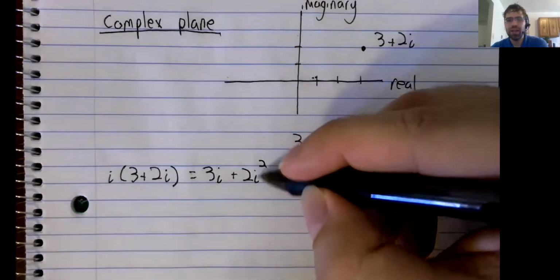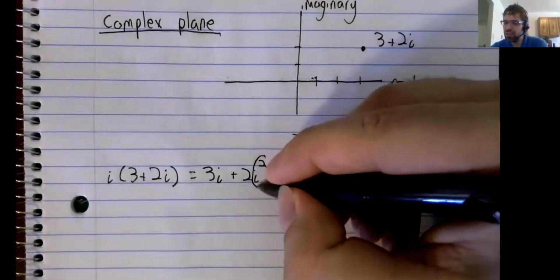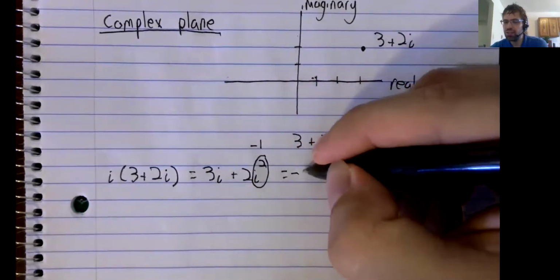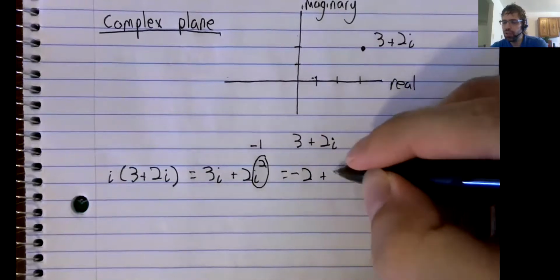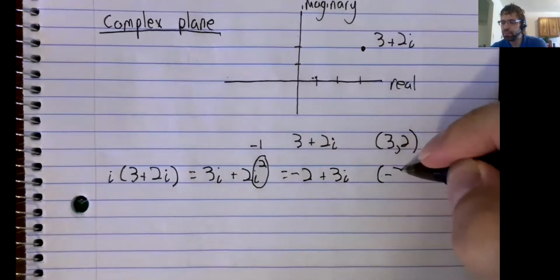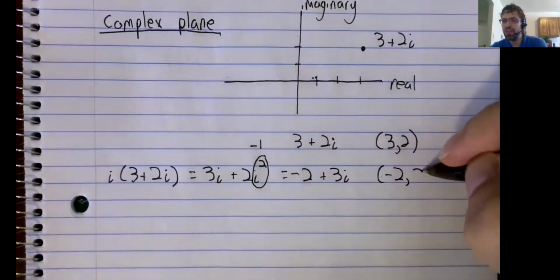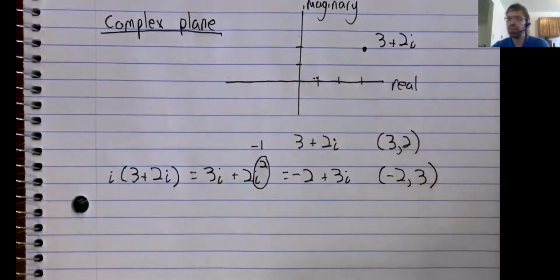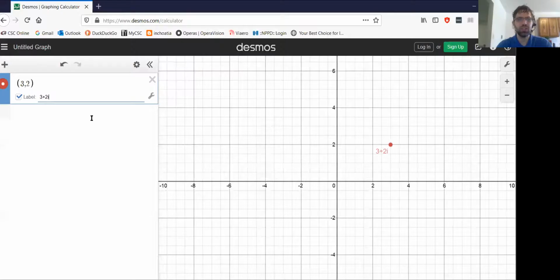So i squared gives us -1, and this is -2 plus 3i, which we can visually represent on the complex plane by plotting the point -2, 3.